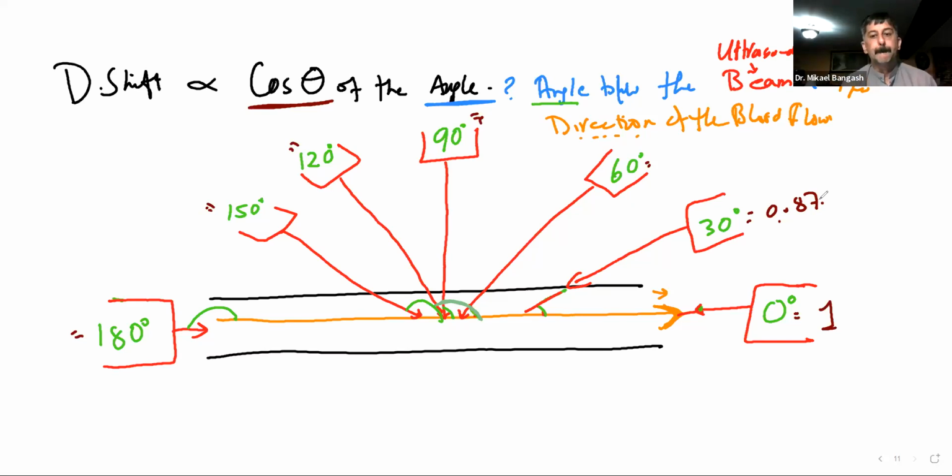Did you girls get that? The cosine theta value of a 60 degree angle is 0.5, which is the same as saying half. Did you girls get that?